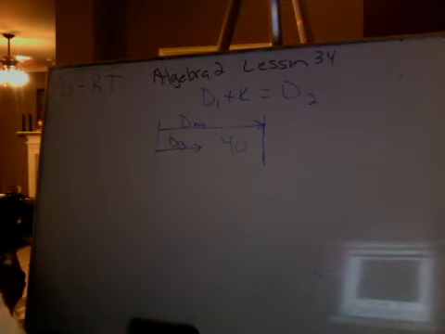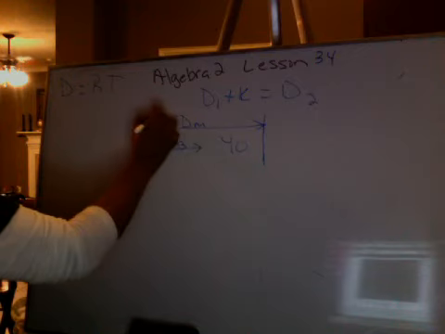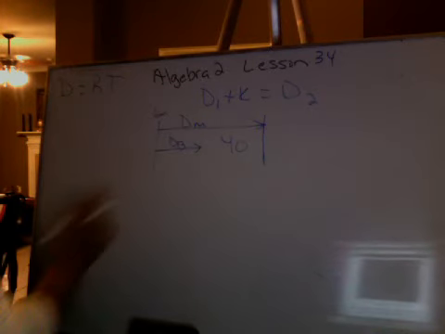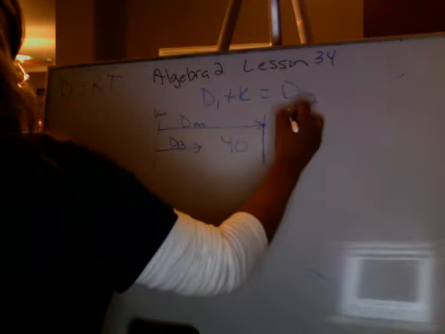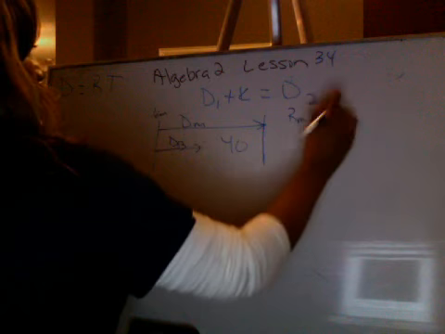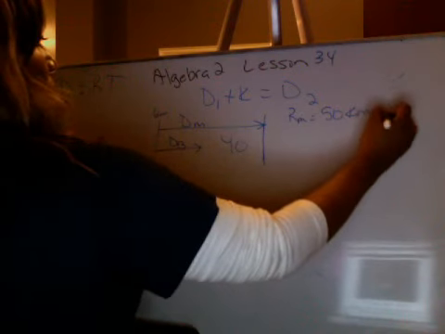It says Millicent began the journey at 6 a.m., and Millicent's rate, so R of M, is 50 kilometers per hour.